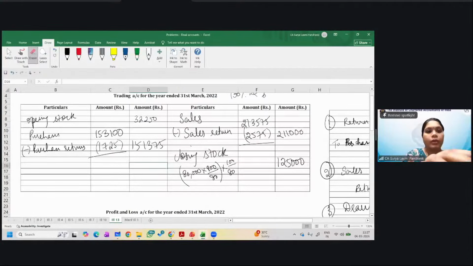Yes. Now, is it a gross profit or gross loss? Okay, we didn't take wages.